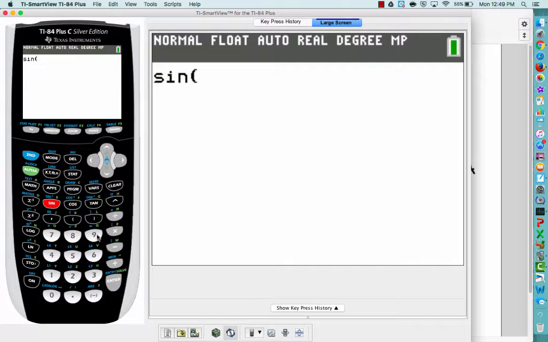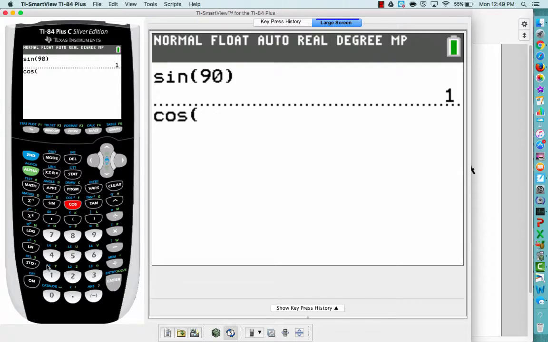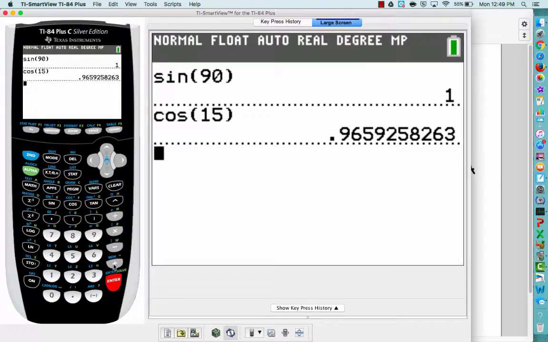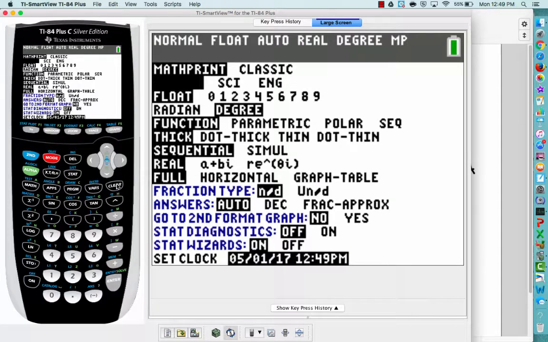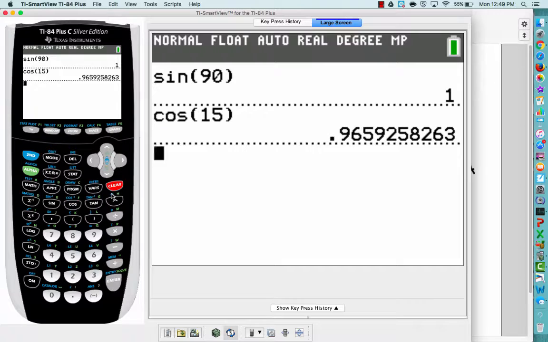I would just put in sine of 90, and I'm going to get 1. Okay, the sine of 90 is 1. The next one, the cosine of 15. Again, I know it's the angle because it doesn't equal a ratio. I'm in the wrong mode, I bet. I'm in degree mode. Okay, so cosine of 15 is 0.965.